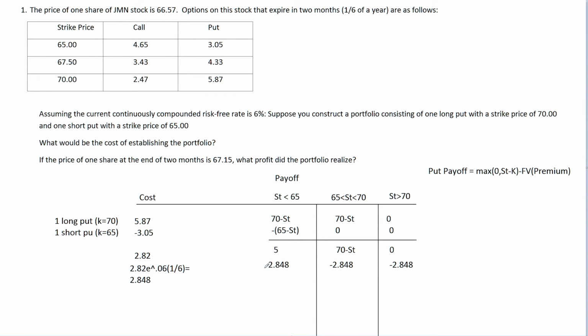So when all said and done, subtracting that, some basic arithmetic, it's 2.15 if our stock is below 65. If it's between these two, it would be 67.15 minus our S_T.